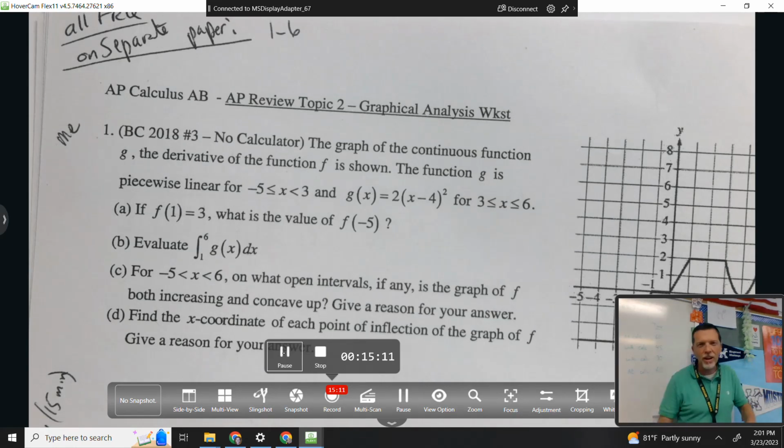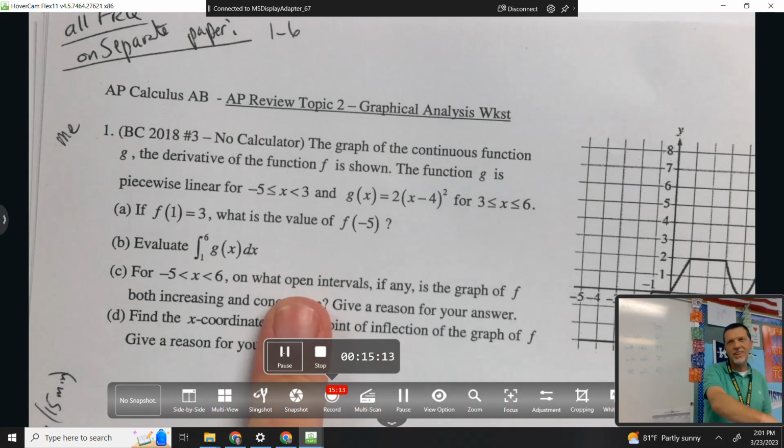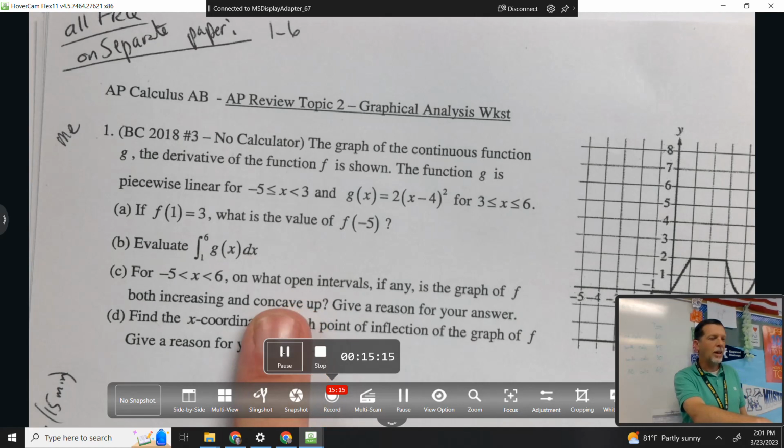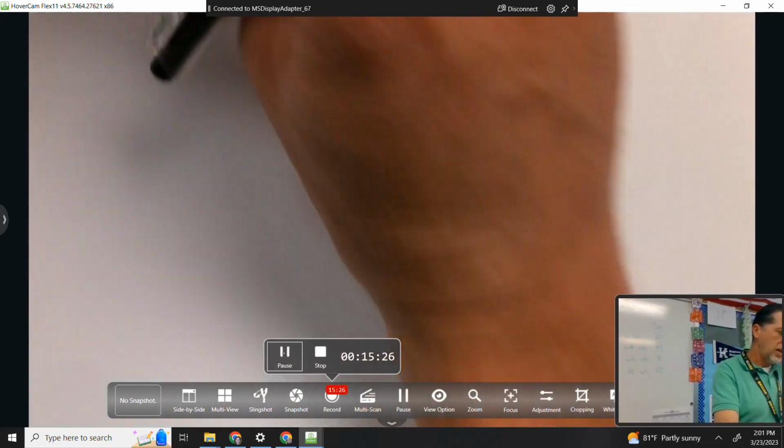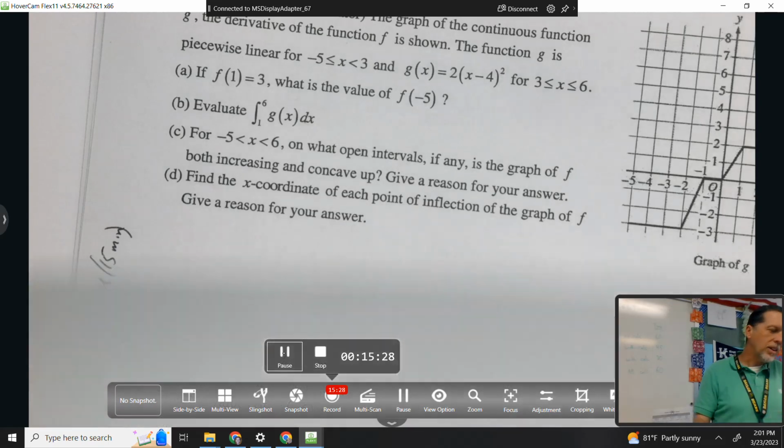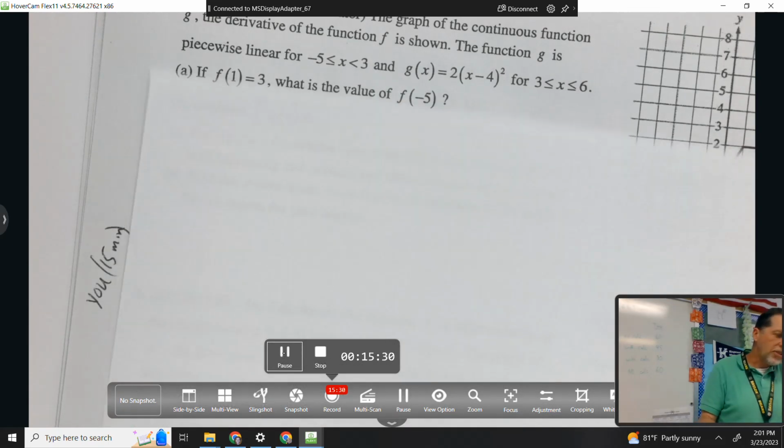It does not look like this on the AP test. They will give you part A and half a page to do it, and part B and half a page to do it. They really give you plenty of space. They want to set us up for success. Yeah, they're trying to. So on a separate sheet of paper, let's do number 1.